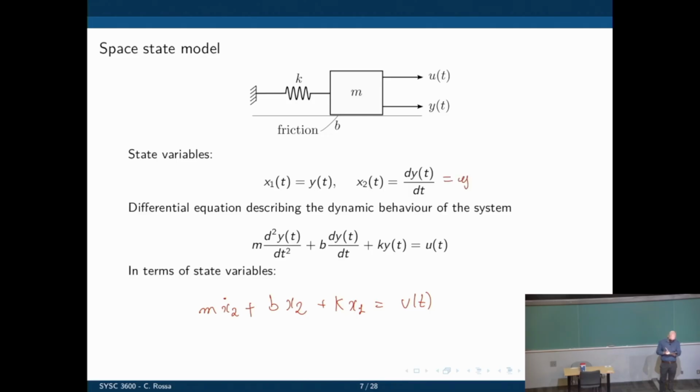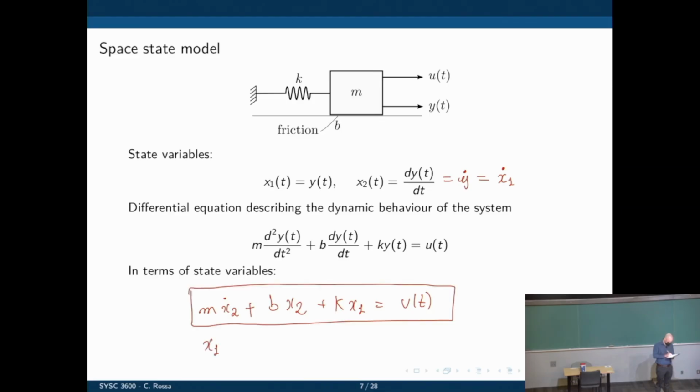This is y dot, which is the same as x1 dot. So here we have one equation, and our other equation is x1 dot equals x2.